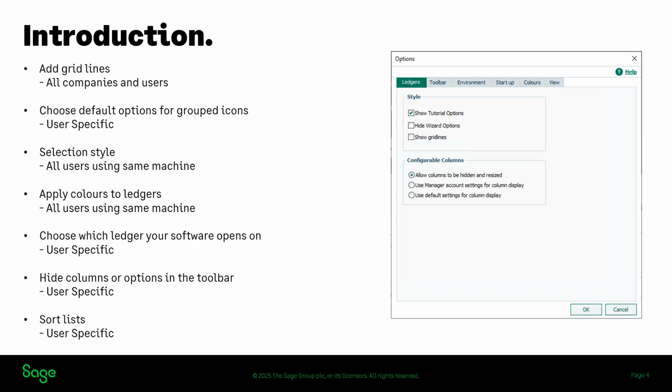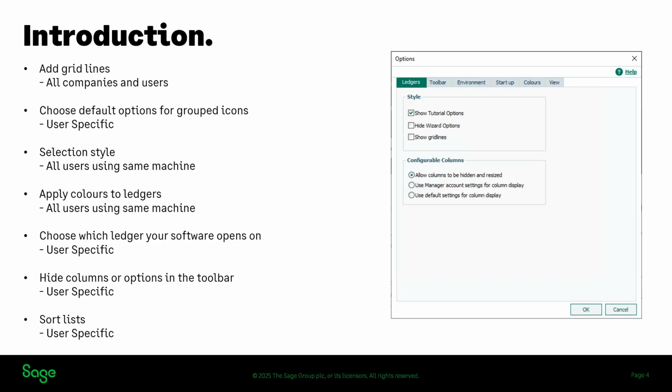You might want to apply colors to your ledgers, so you have your customers in one color and your suppliers in another. You can also choose which ledger your software opens up on when you launch it, hide your columns and options in the toolbar, and sort your lists within your modules as well. So we'll just get straight stuck in with the demonstration.